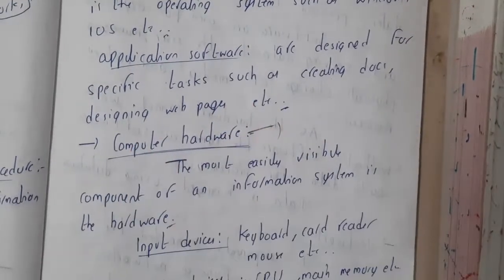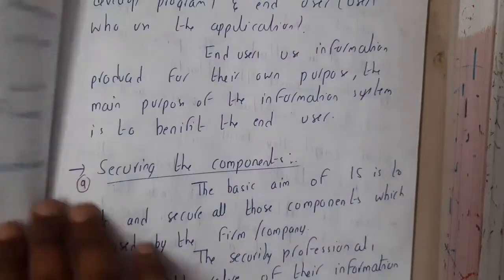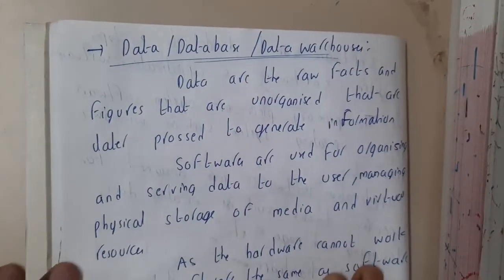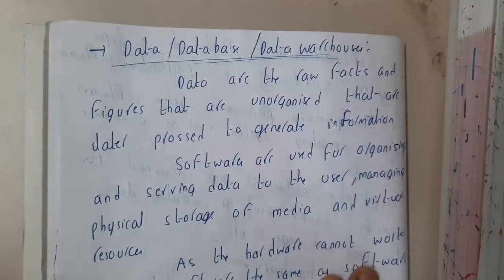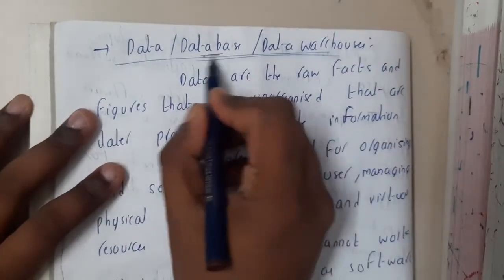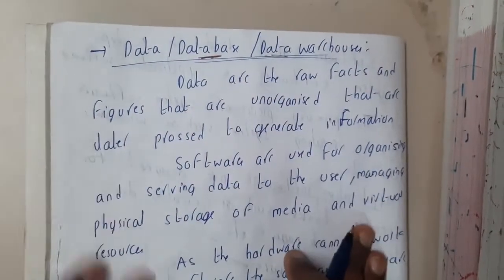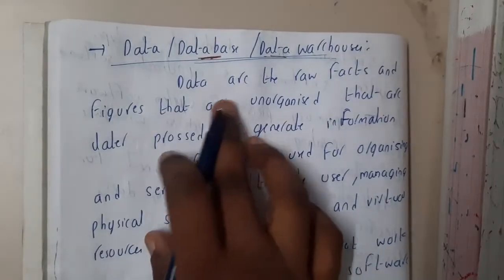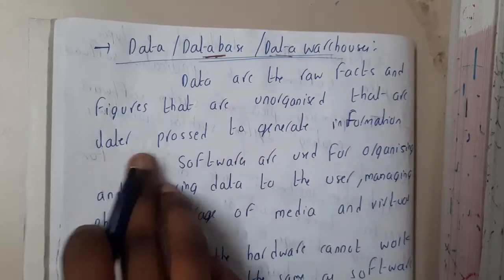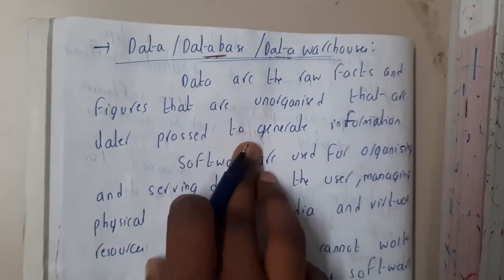I hope everyone is now clear with hardware and software. Now let us move to database. I hope everyone knows what a database or data warehouse is: a place where the whole data is collected and kept in a structured format. What is data? Data are raw facts and figures that are unorganized and later processed to generate information.